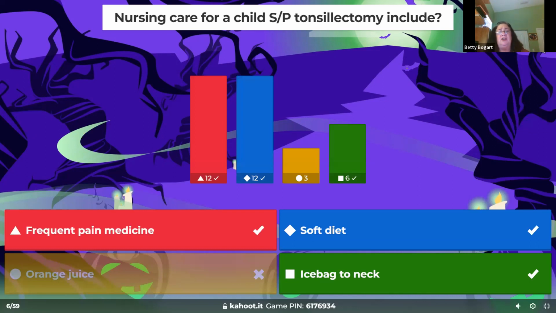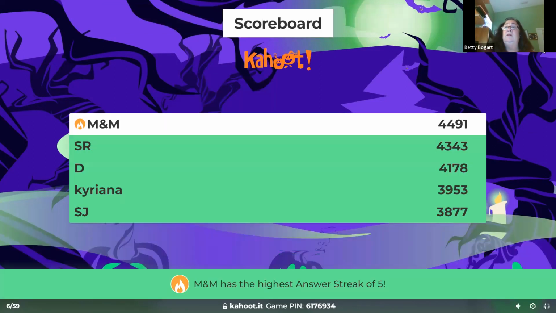Anything in their diet should be soft. Absolutely no orange juice. That citrus is going to burn their throat, okay? And no red fluids, no red jellos, no red ice pops. It looks like blood. And then ice bag, but most younger kids don't like that, but it does work well.